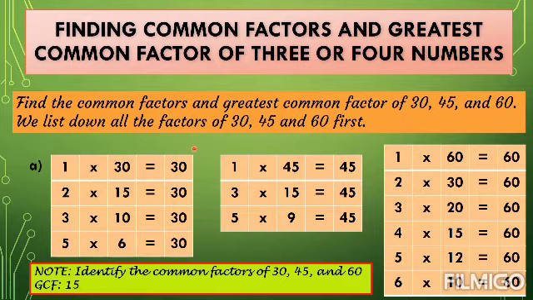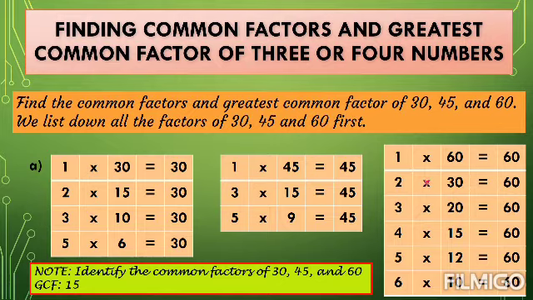Of course, class, we're going to list down all the factors of 30, 45, and 60 first. The first picture here illustrates, class, the factors of 30. We have here 1 and 30, 2 and 15, 3 and 10, 5 and 6. And in the second picture, these are the factors of 45: 1 and 45, 3 and 15, 5 and 9.